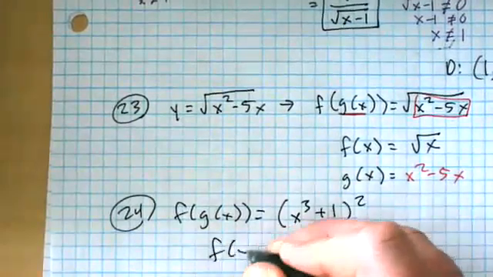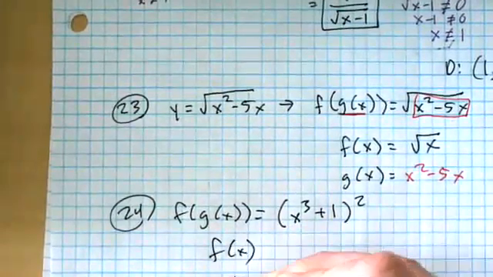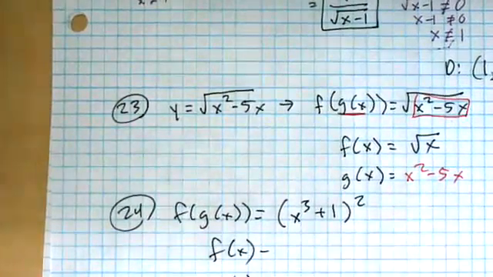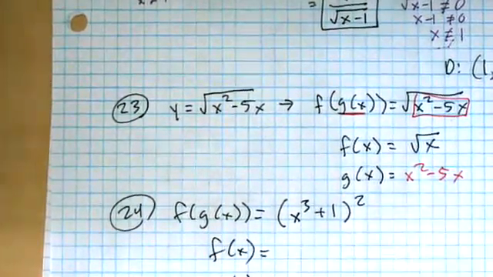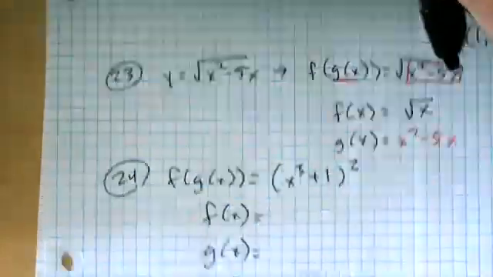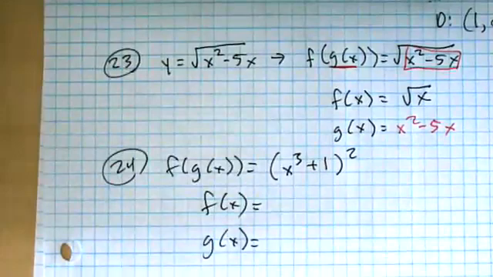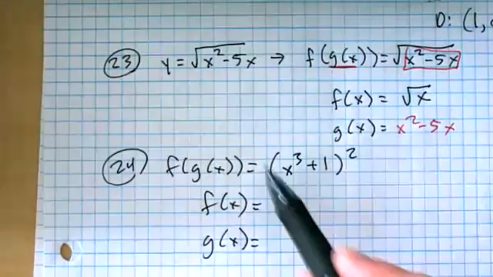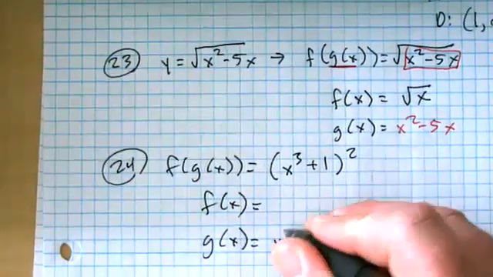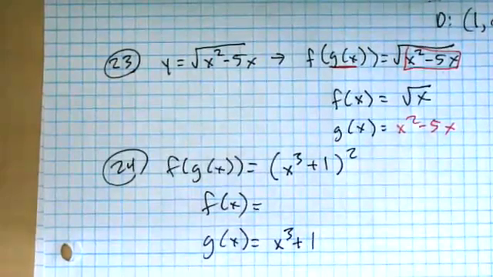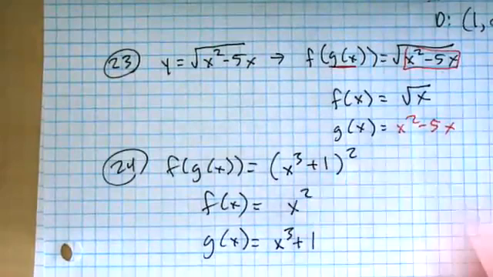So I need to come up with an f of x and a g of x so that when I put g of x into f of x, I will get this. What kind of looks like it's on the inside of this function? X cubed plus 1 is kind of on the inside of it, right? On the inside of what? X squared. And that's it.